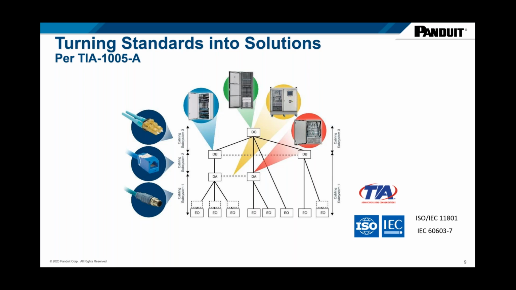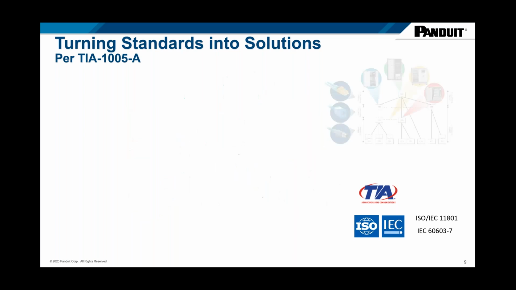So we can build the solutions for the distributors, the A, B, and C, and provide the right structured cabling that goes along with that at the access layer, at the IDF layer, and then also at that core layer. And then we can also apply the correct cabling and connectivity solution, be it standard fiber or standard copper. And then as we get further down in the network, applying more of these sealed connectors.